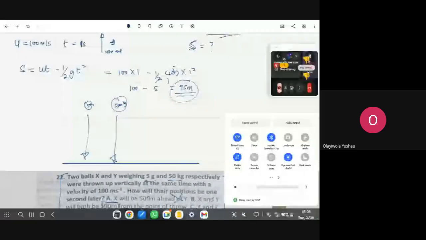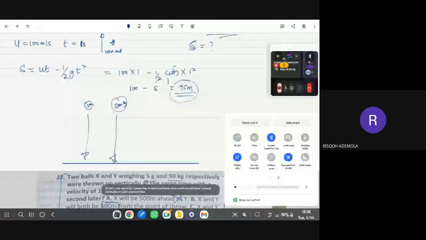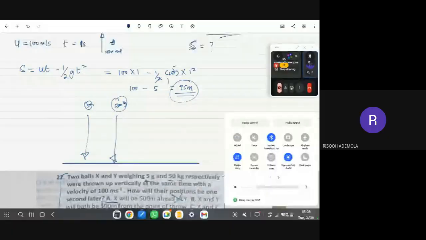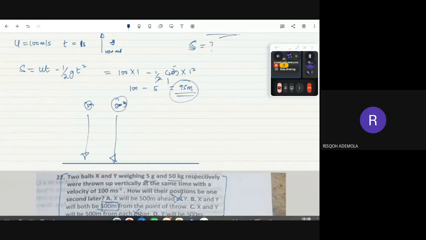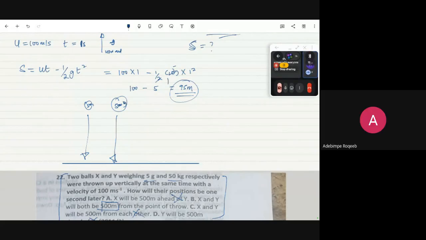All right, sir. The voice is cracking. Is it still cracking now? Yes, sir. Is it better, or is it still cracking? It's still crackling. Oh, it's from your network, then, it's not from my own network.